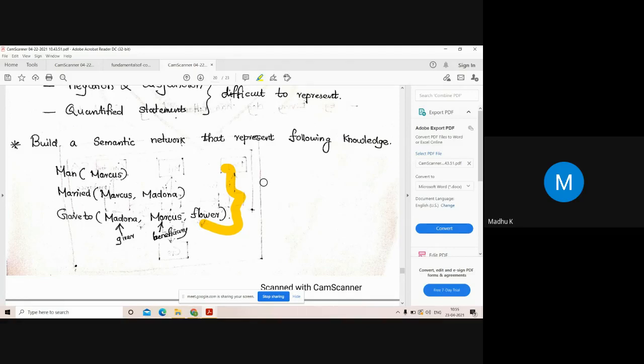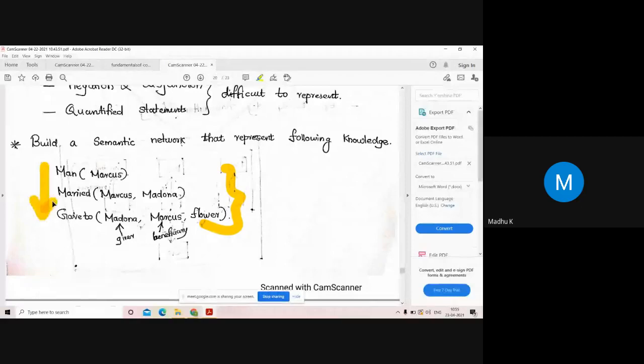Marcus is a man. Marcus married Madonna, and Madonna gave a flower to Marcus. We can represent this story in predicate calculus in a single sentence.